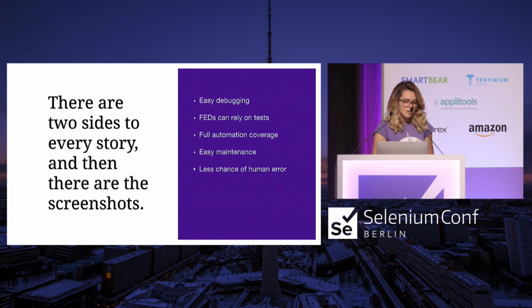Short summary, again, of why we're using screenshots and why we need them. First of all, for easy debugging. As I showed you before, it takes less time to debug and to understand what's going on and what was on your screen when you couldn't basically see your screen. Front-end developers can rely on tests because usually you can't say that you have 100% test coverage.